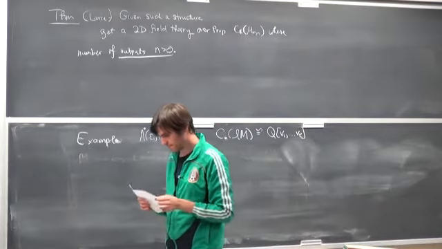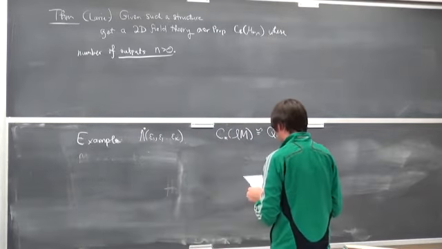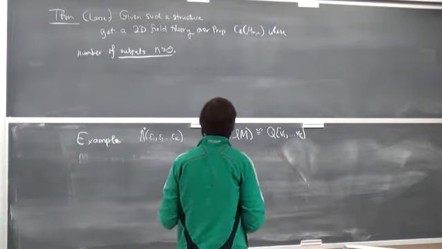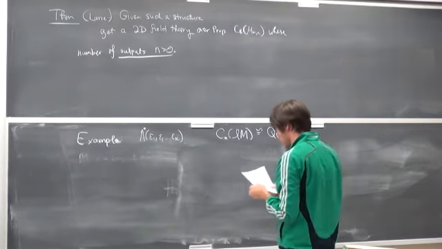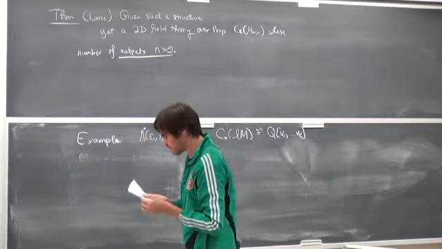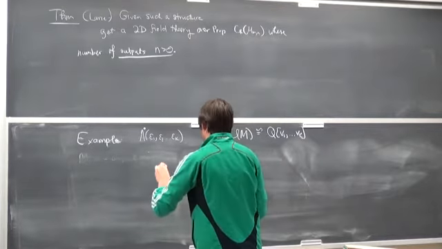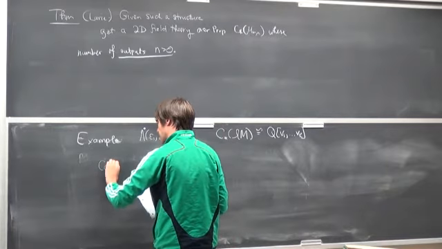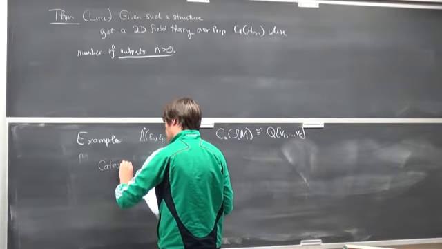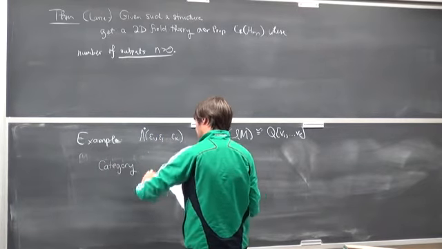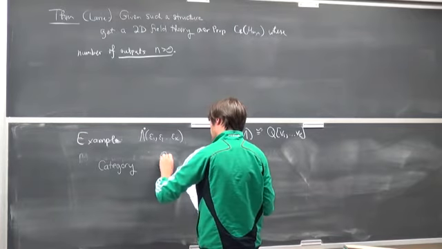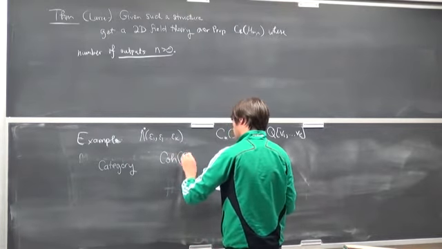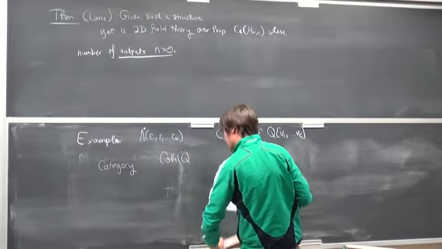And then you can consider any function in here, and what you get essentially is that you can associate to it a category, which is the category of matrix factorizations.